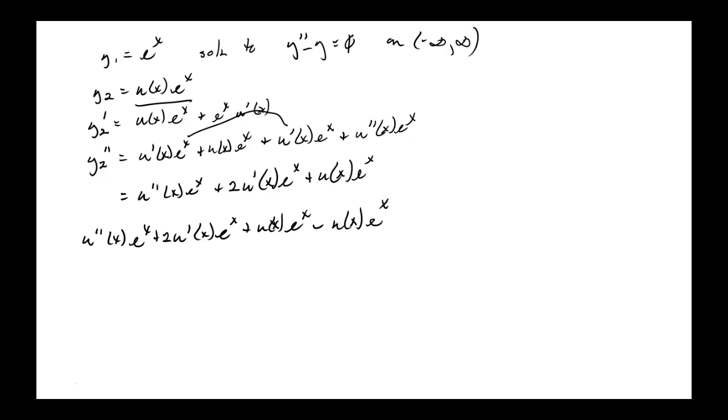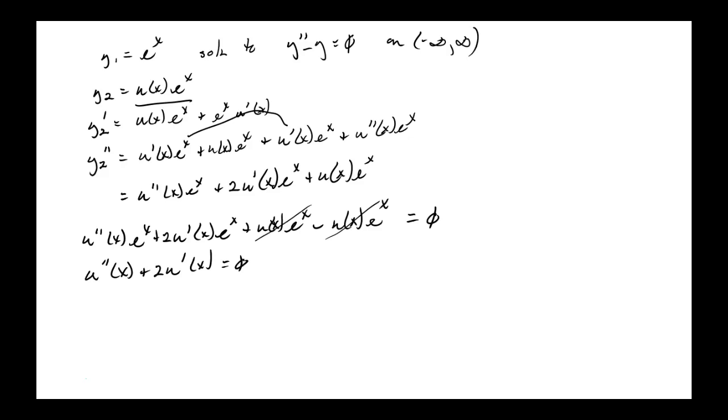All right. Now what does that do for us? That wipes out this one. And this is supposed to be 0, right? Now, they got e to the x's in there. They can't be 0, so you can factor them out and throw them away. And now you get u double prime of x plus 2u prime of x is equal to 0. Okay? Because of the differential equation.